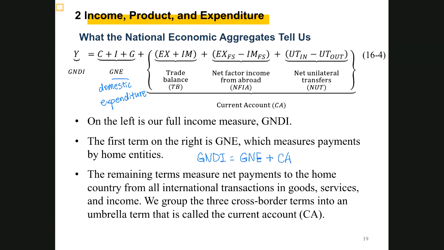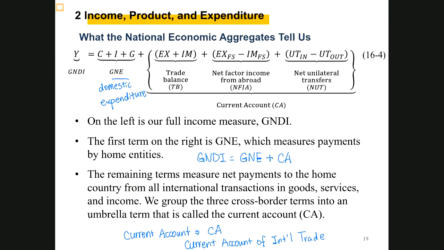And I write the full name of the current account, CA, the current account of international trade. That's it.